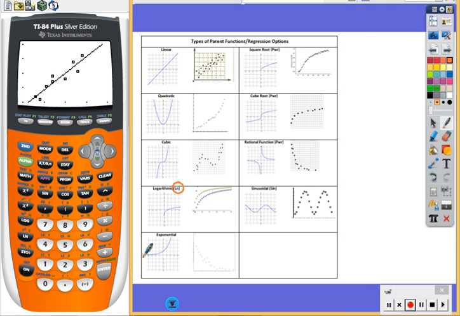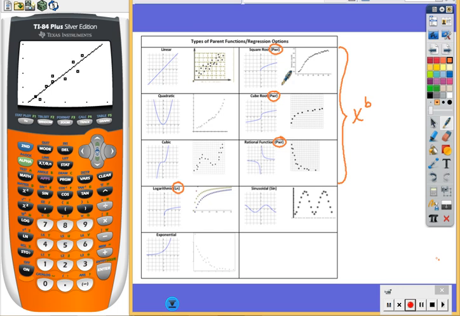Another thing to remember is that exponential equations can either be growth or decay. So if you see a shape like that, exponential might be right for you. These 3 I want to talk about because these all fall under the power regression. And the reason for that is because anytime you have an x to a number, that's a power model, a power parent function.